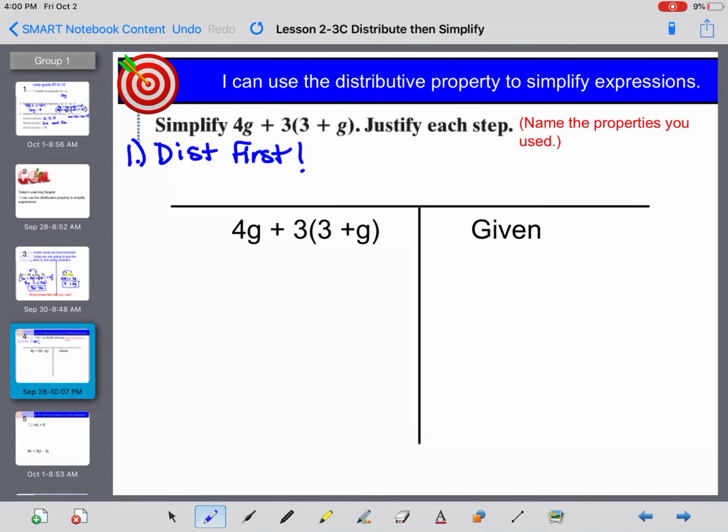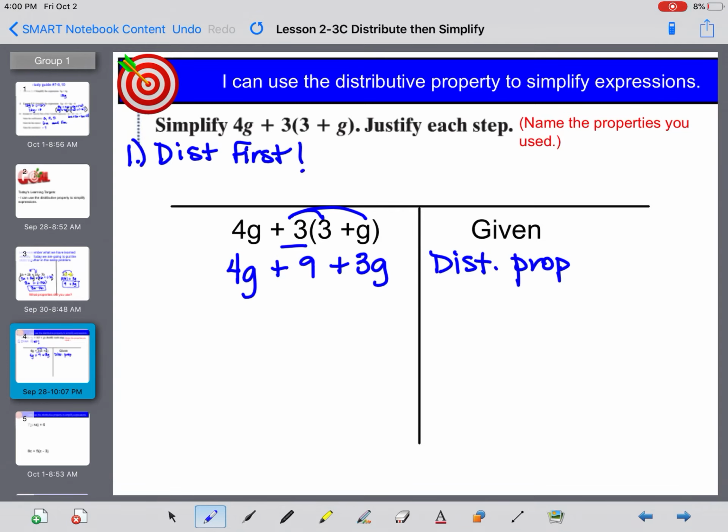So I see that this is a positive 3, and I am going to distribute that. Please ignore the 4g for right now. We need to remove those parentheses first. So I rewrite this as 4g plus 9 plus 3g. And that was the distributive property.